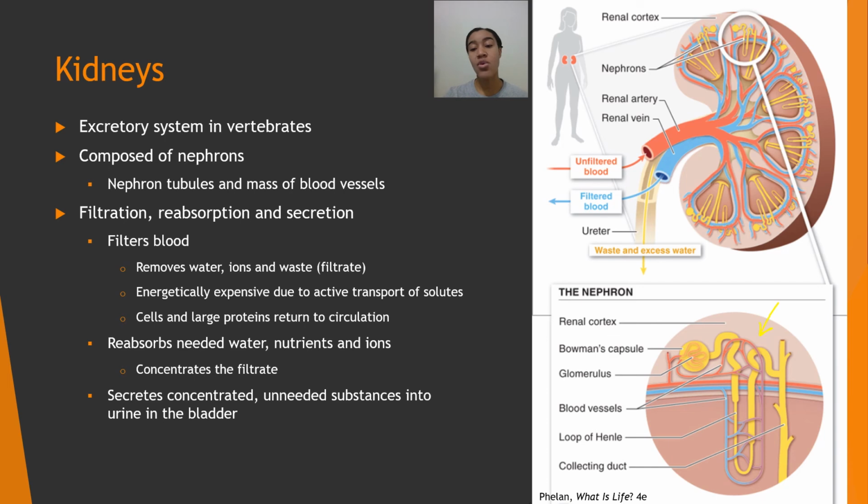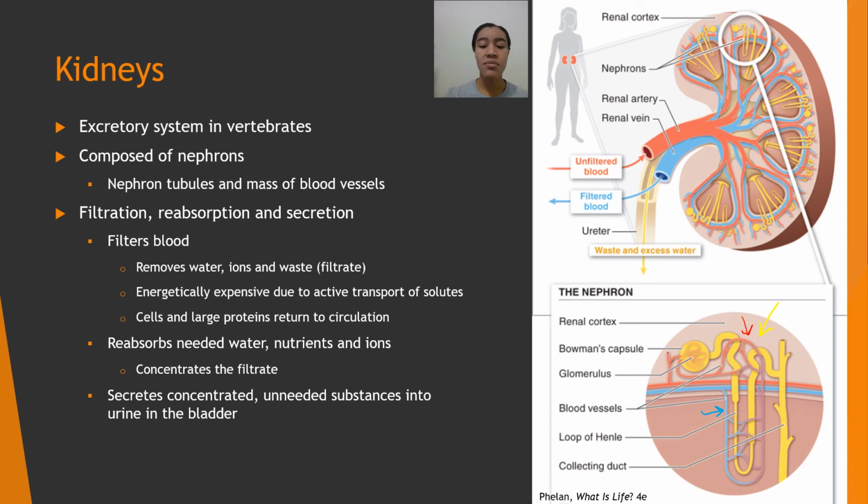And they're in this lower image, this yellow, a bunch of tubes. And then we also have blood vessels. So we have our arteries, which are shown in red, and then we have our veins, which are shown in blue. And so the arteries bring blood in to be filtered, and the veins carry the blood that's been filtered away back to the body to be reused, and now it's clean.